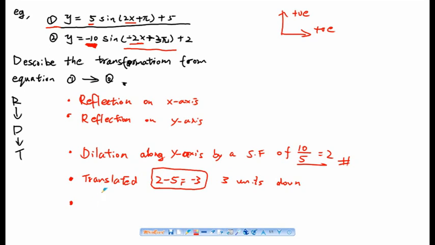Now let's make whatever is in the bracket of the first equation equal to 0. 2x plus pi equals 0, and I will have x equals minus pi on 2.